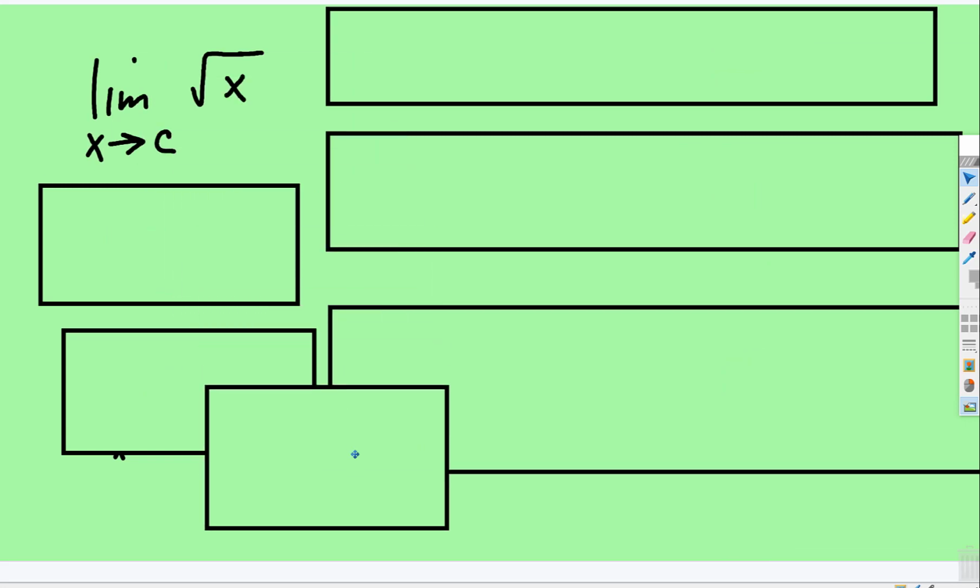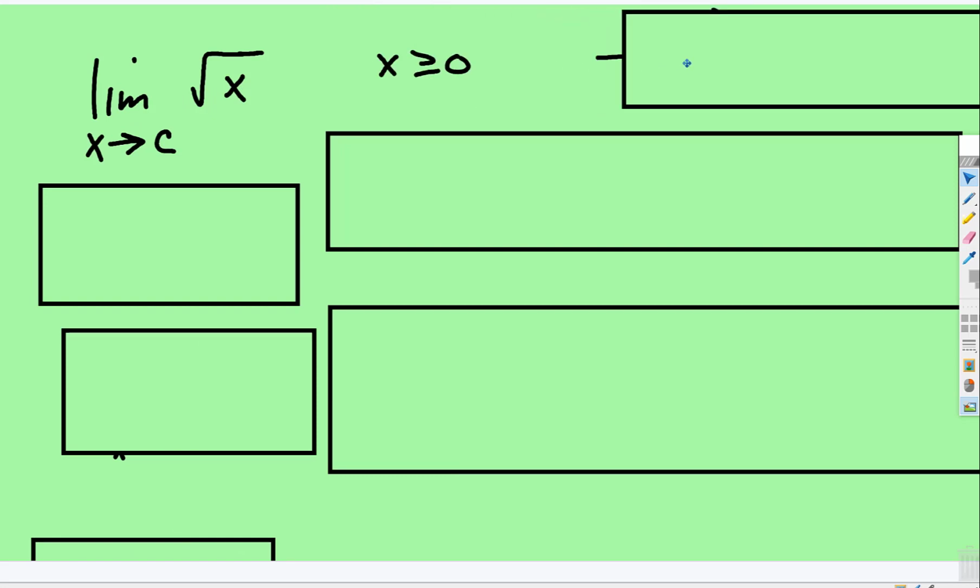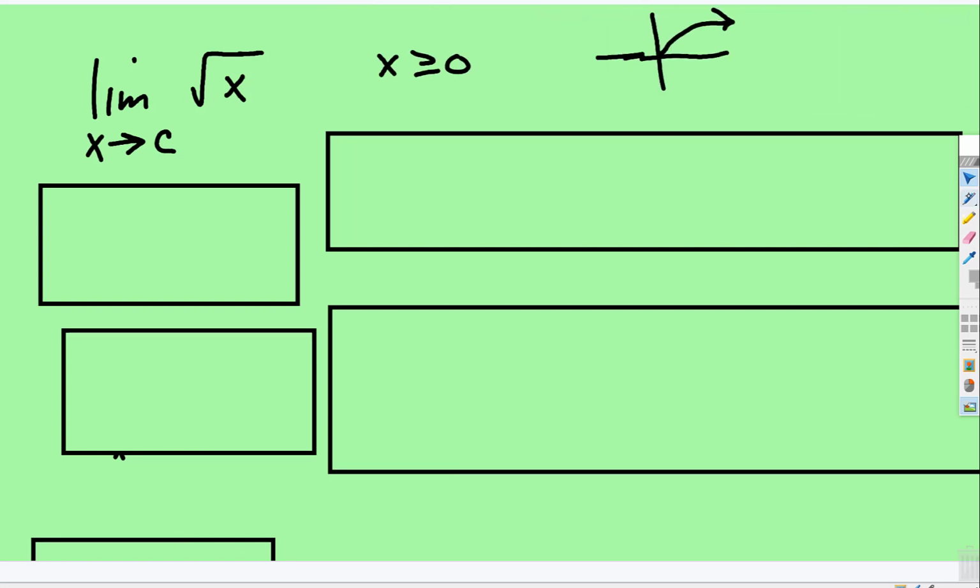The next type is radicals. So if you have the limit as x approaches c of the square root of x, the only thing you have to be careful about with even roots is that they stop at a certain point, right? Whatever zeroes out inside here cannot be a negative number.